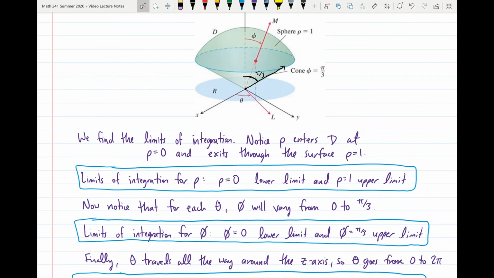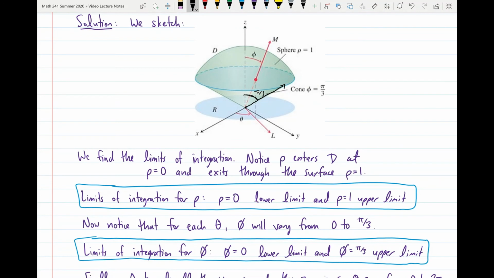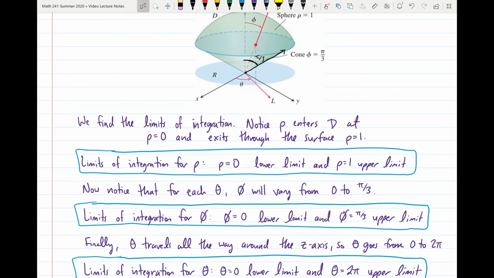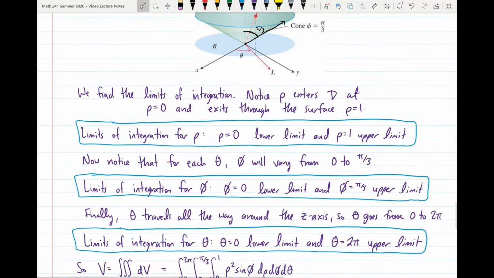So the lower bound is rho equals 0, and the upper bound is rho equals 1, because all of our rays exit the region when rho is equal to 1. So our limits of integration for rho are rho equals 0 as the lower limit and rho equals 1 as the upper limit.